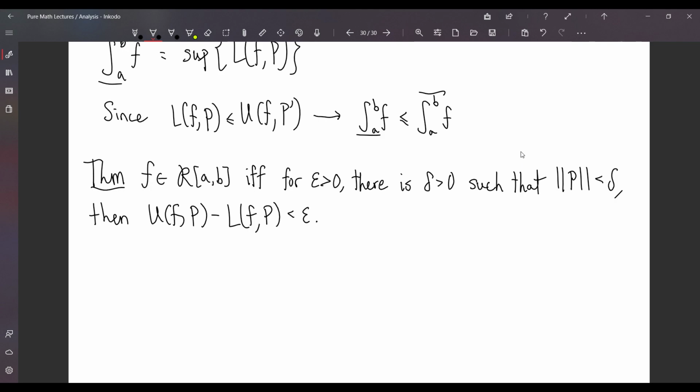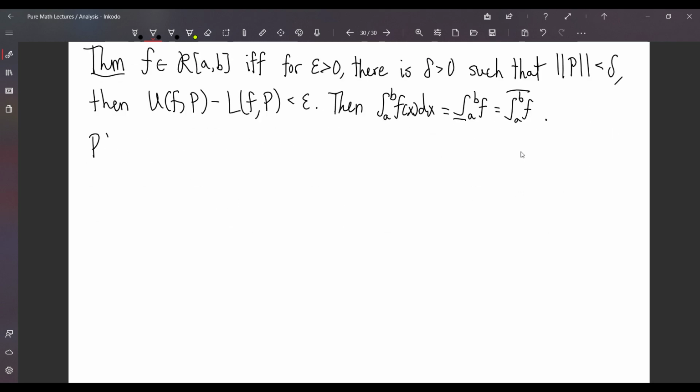And if this condition is satisfied, then the Riemann integral of f is equal to both the lower integral and the upper integral. So we know that the lower is less than or equal to the upper, and this is saying that if f is Riemann integrable, then these two things are actually the same.